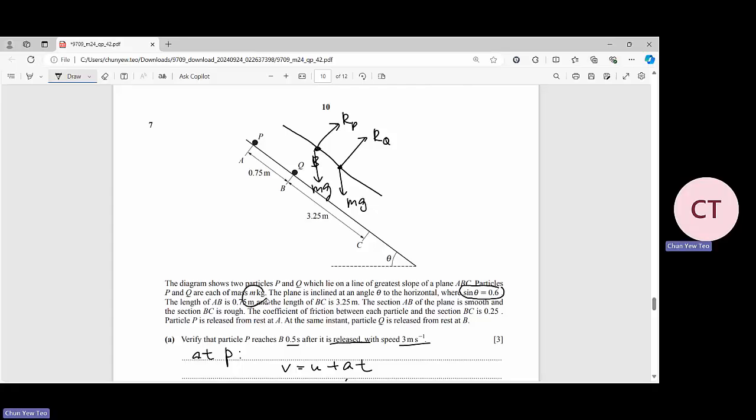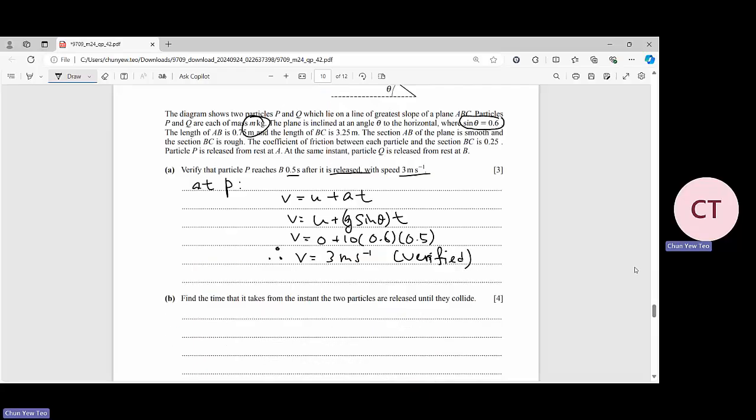They mentioned that both particles have mass m. So at Q, we can have a small diagram over here: R_Q, mg, this is theta, and this is the frictional force.